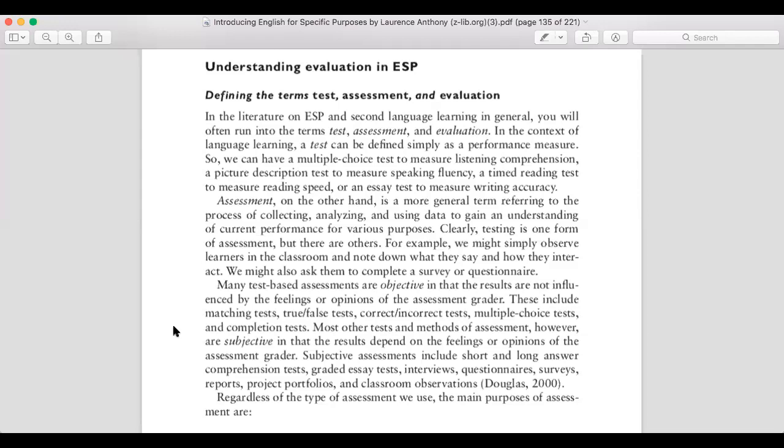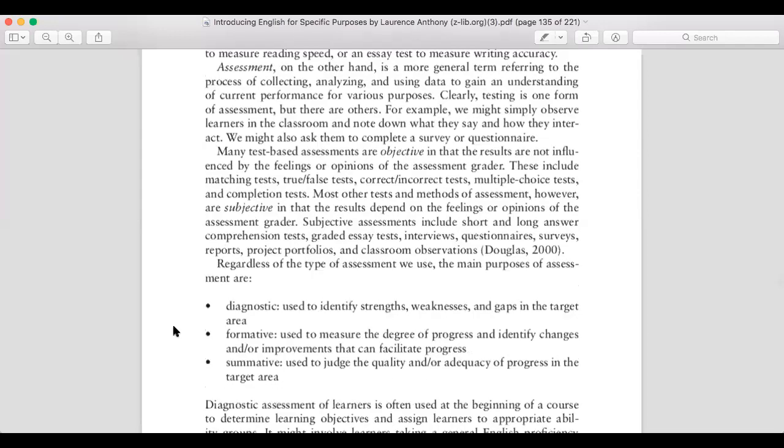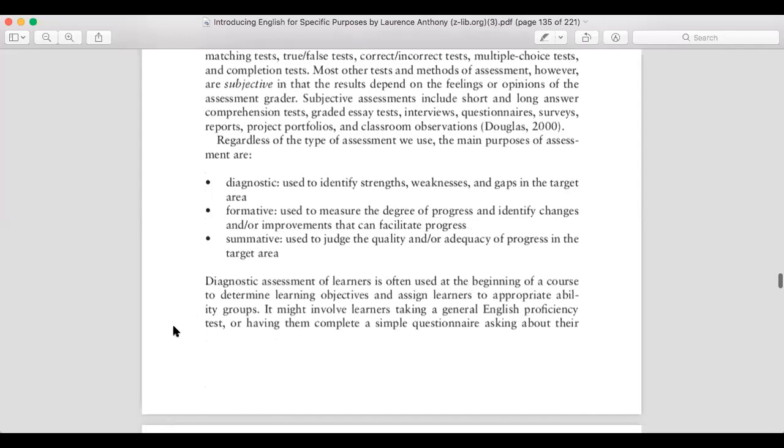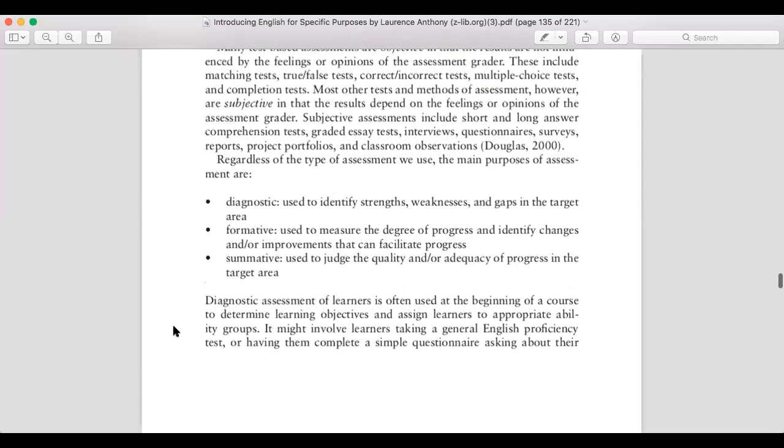Now, what are the purposes of assessment, or the types of assessments? When we talk about assessment, there are basically three kinds, and these three kinds are based on the purpose. According to the purpose of assessment, these are the three kinds that we are going to do.